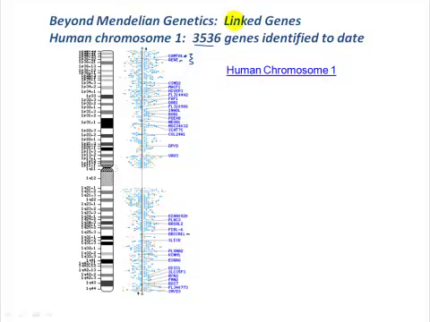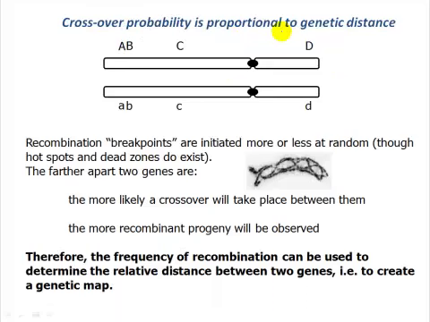So when we have linked genes, we need to consider that recombination phenomenon that occurs during prophase 1 of meiosis and the impact that that has on independent assortment of alleles, right?